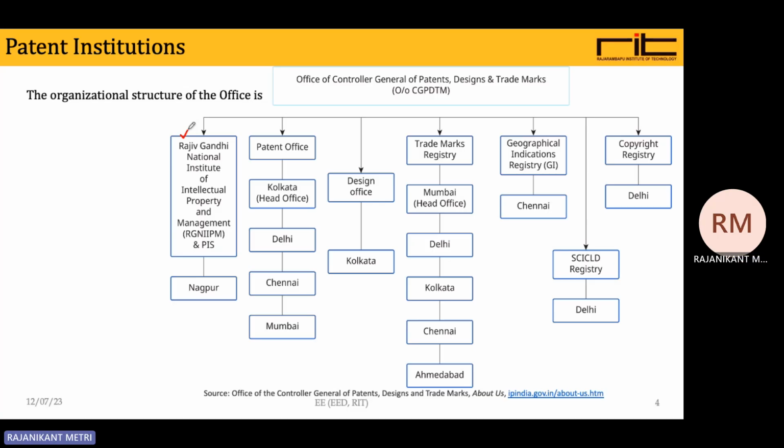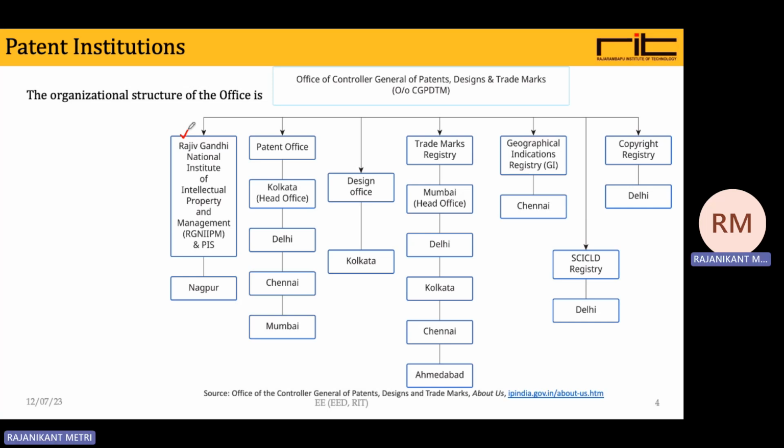Then the patent offices are in four different metropolitan cities. The head office is located at Kolkata, and the other three branches are in Delhi, Chennai, and Mumbai. So these are the four metropolitan cities in India where the patent offices are located.